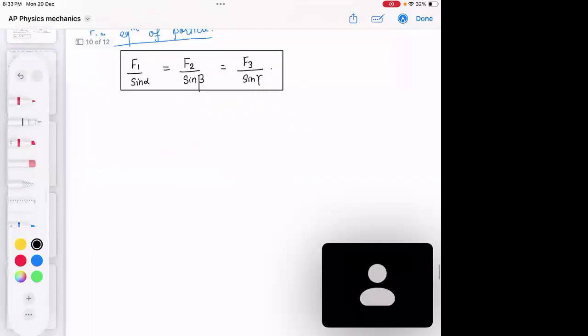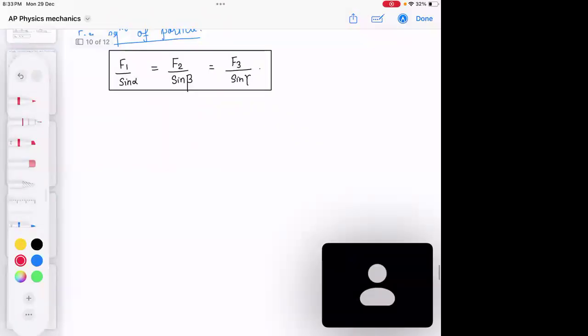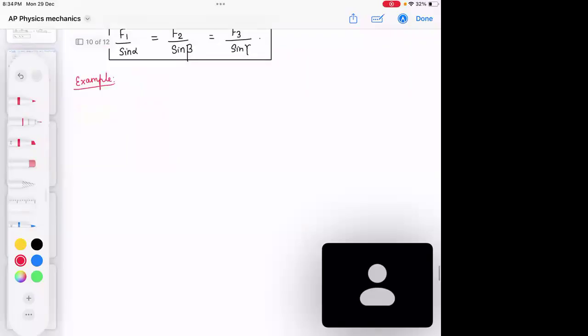Right. Now let's discuss some examples, how we will get the question based on the equilibrium. In this question, what is given to us? There is a ceiling here. From the ceiling, there is a string connected here.